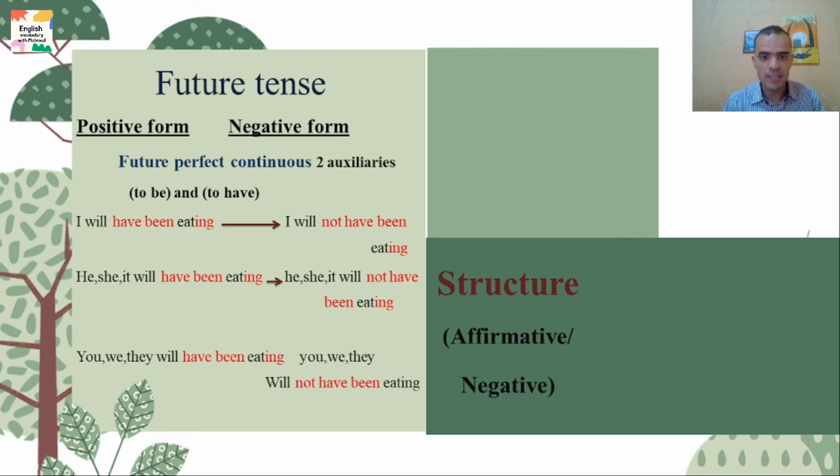He, she, it will not have been eating. This is the negative form. The last one, you, we, they will have been eating. You, we, they will not have been eating. This is the negative form. So, in the continuous form we use to be along with the ing form of the verb, and if we want to use the perfect we use the auxiliary to have. I hope it's clear through this structure.